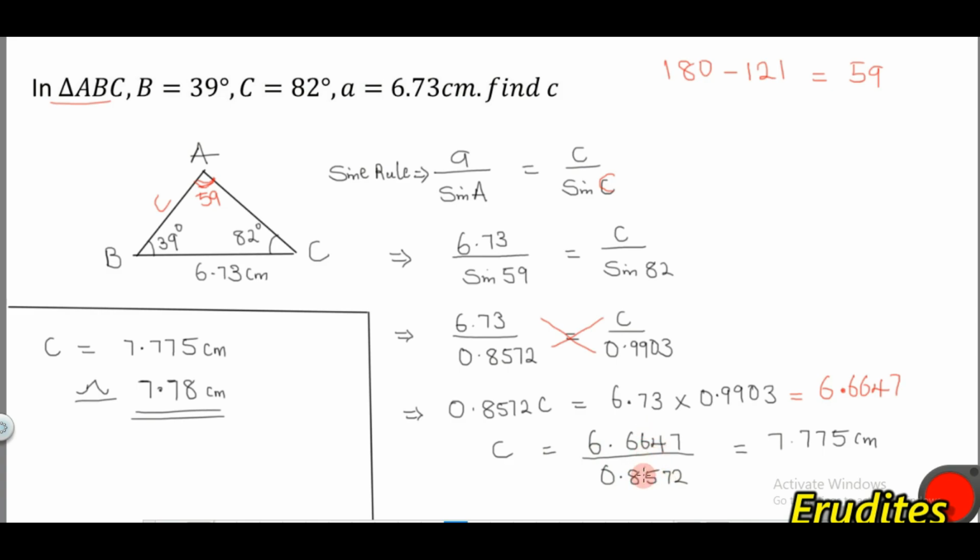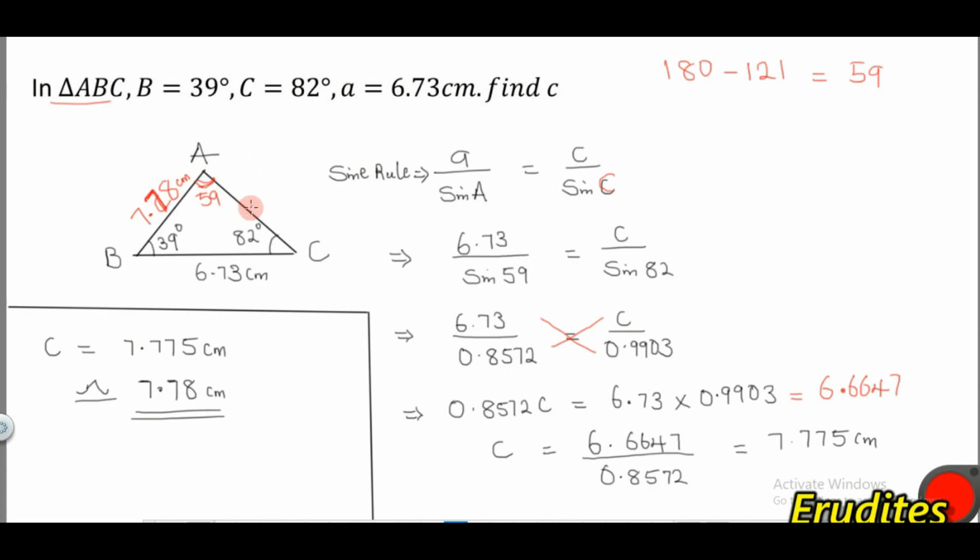So if I divide this with my calculator, I'm going to have 7.775 centimeters. So my c is equal to 7.775 centimeters, and that is approximately 7.78 centimeters. So my c here will be equal to 7.78 centimeters. This is very easy, right?